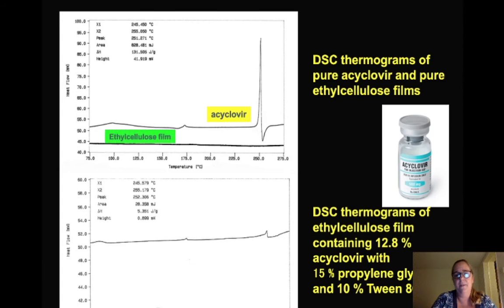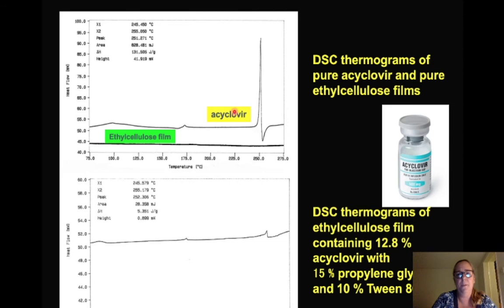Here we can see a profile, the DSC thermal profile of something called aceclofenac, which is a pure form. There's a peak here, at about 250, and the first peak is for ethyl cellulose film.